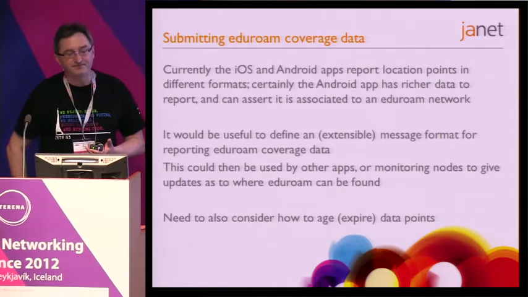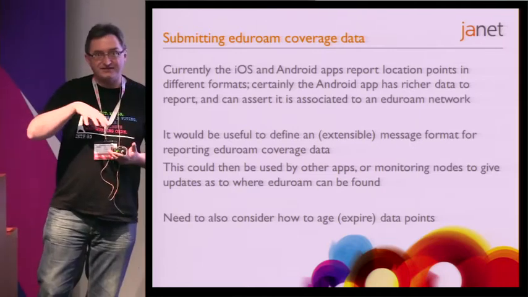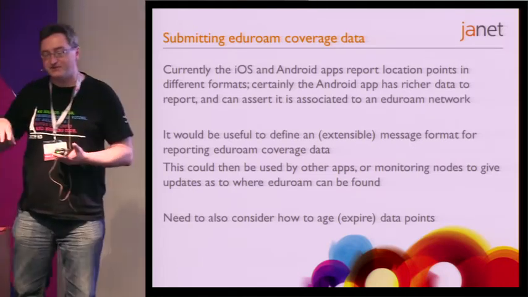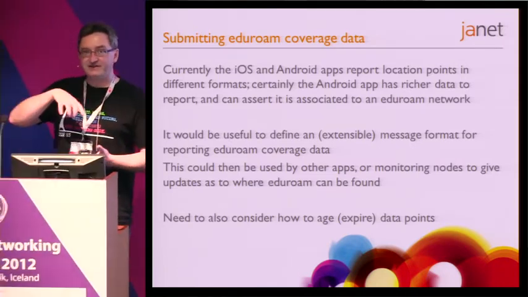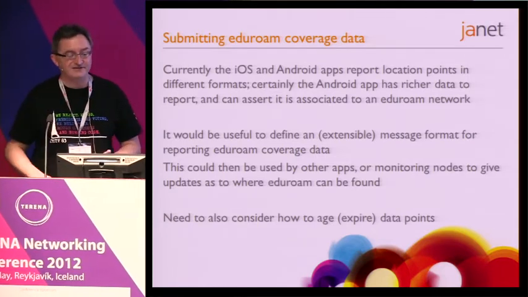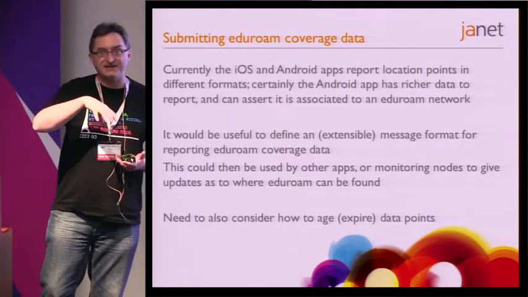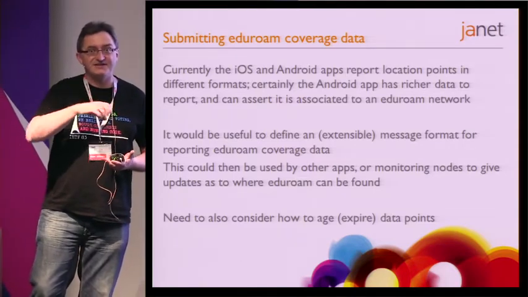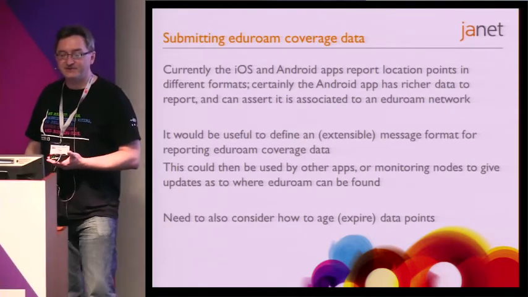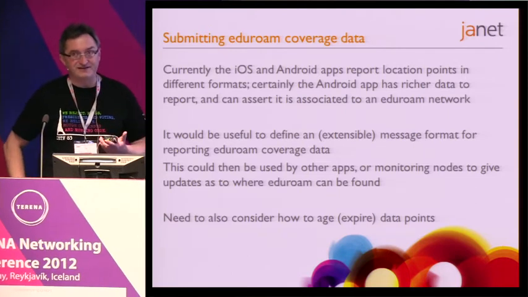Another point here is that, as Mark hinted, the Apple and the Android apps submit data in a slightly different way because they have different data. So the Android app has much richer data. It can also tell that it's actually really associated to an eduroam access point, which the iOS app can't do. So that's one difference.